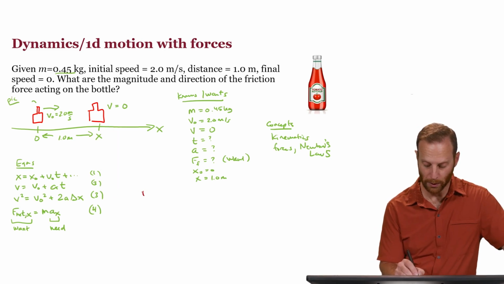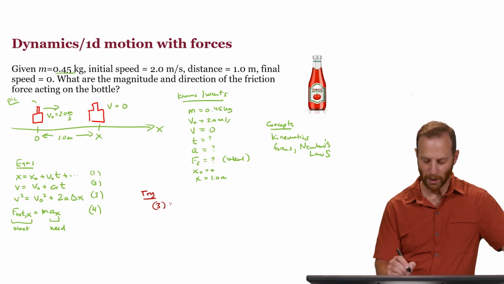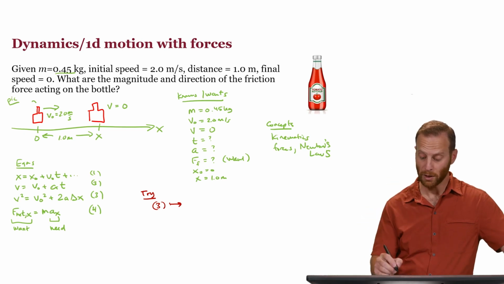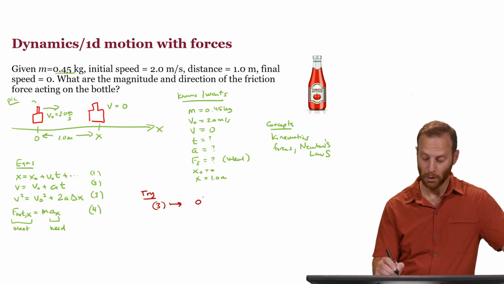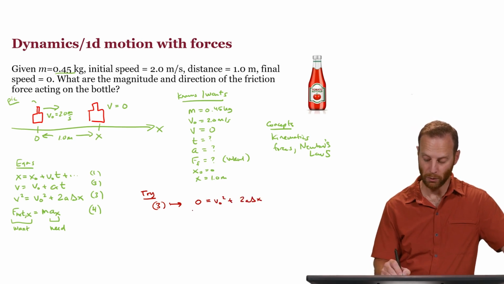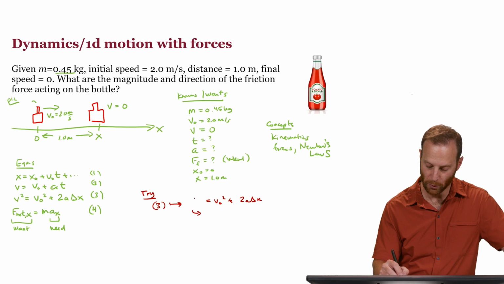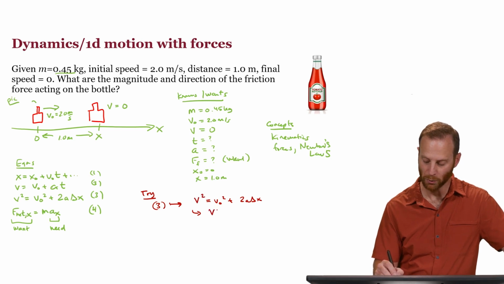Using equation 3, we can rearrange to solve for the acceleration, realizing that the initial velocity is given and the final velocity is 0. With a little algebra, the acceleration is v squared minus v0 squared over 2 delta x.